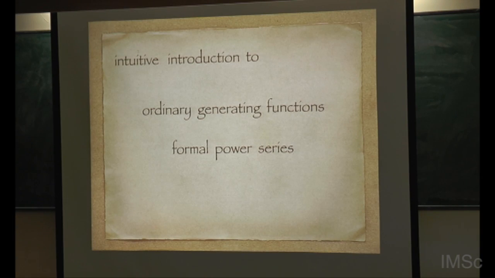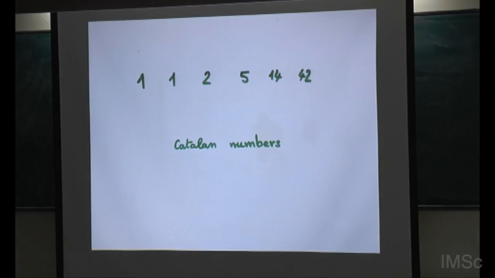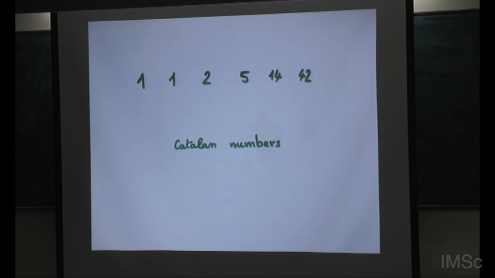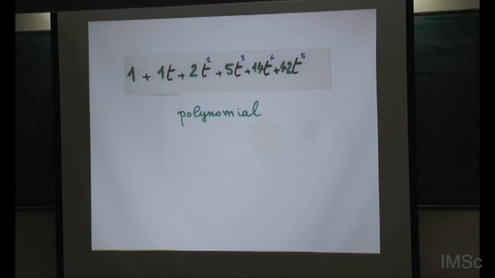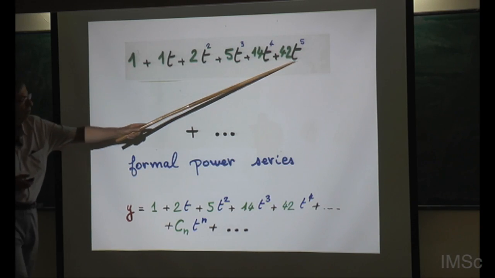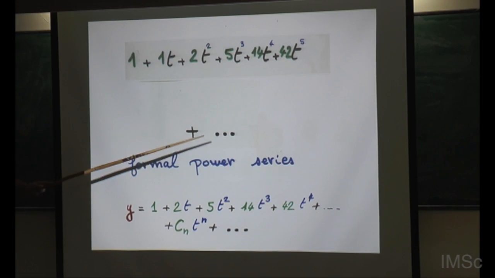So, an intuitive introduction to formal power series and ordinary generating functions. Let's go back to these Catalan numbers: 1, 2, 5, 14, 42, etc. You can make with them a polynomial, where you use the variable t, t^2, t^3, t^4, and even if you go with no limit in these monomials, you get a formal power series.